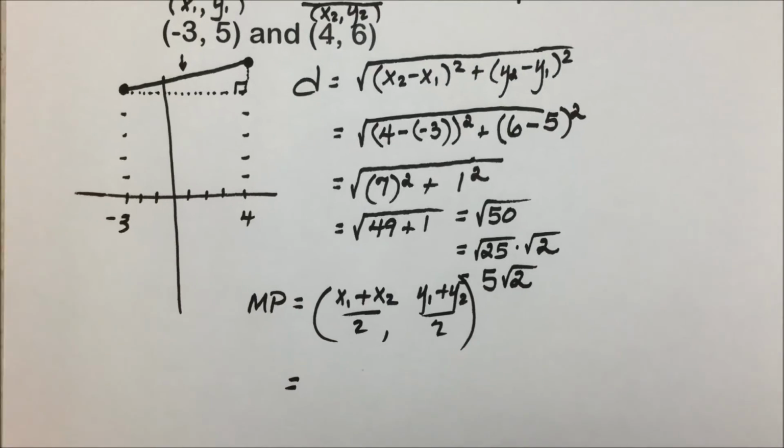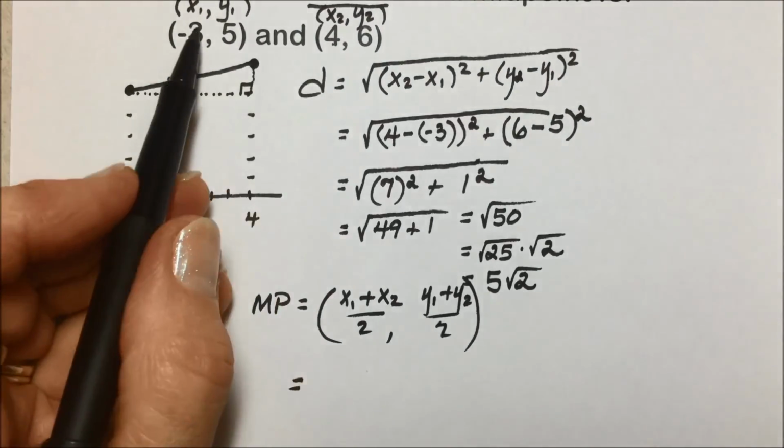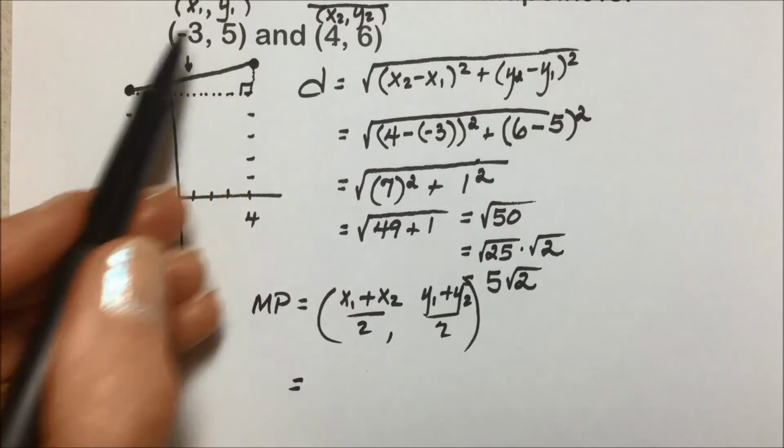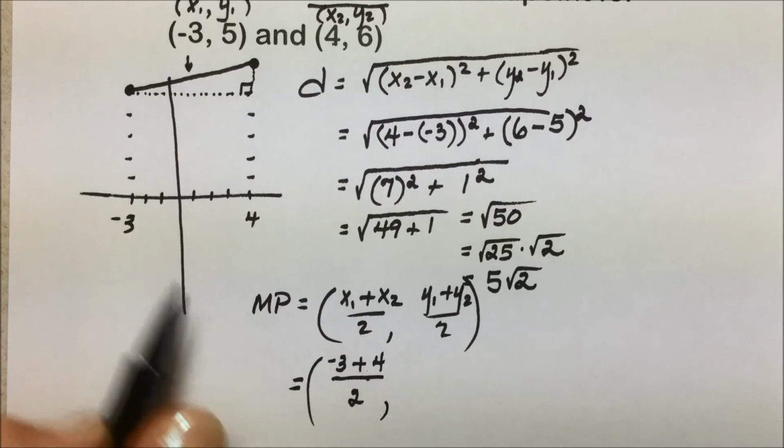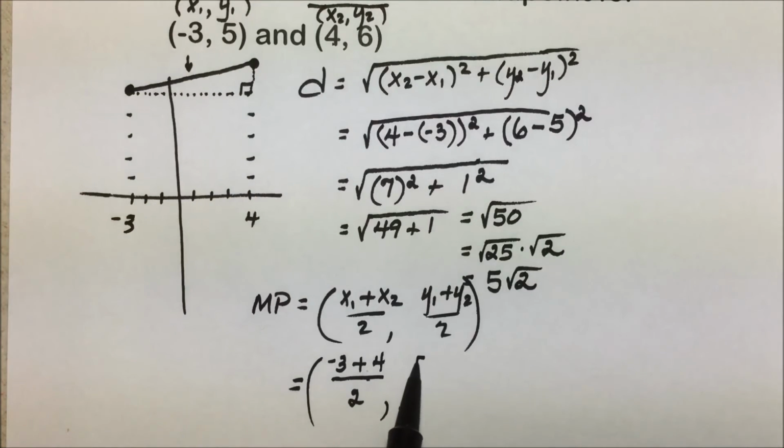Using those same points that we had in the reference that I identified, we will find our x-coordinate by taking -3, the first x, plus 4, the second x, and divide it by 2. First y, which is 5, plus the second y, which is 6, and divide it by 2.